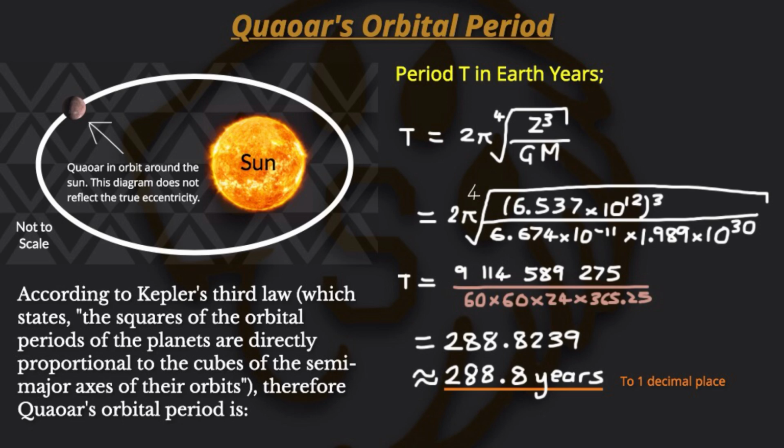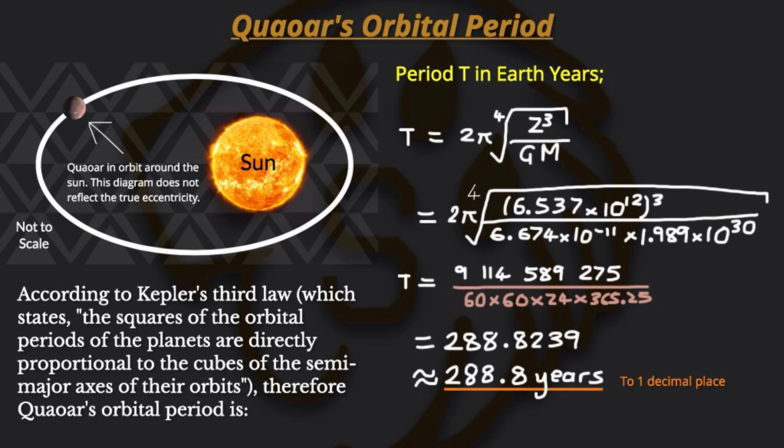Now in the beginning we saw Kepler's third law, and it's written there at the bottom. So now I want to look at how we calculate the period, and one formula we can use, which is derived from Kepler's third law, is T equals 2 pi multiplied by the square root of a cubed, which is the semi-major axis cubed, over G, which is the gravitational constant, multiplied by M, which is the mass of the larger body, the mass of the Sun in this case.